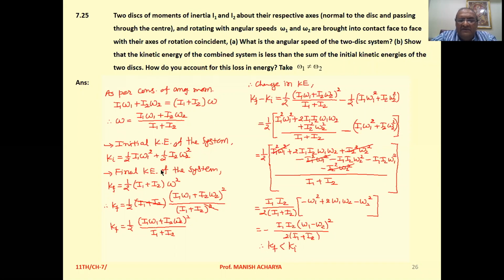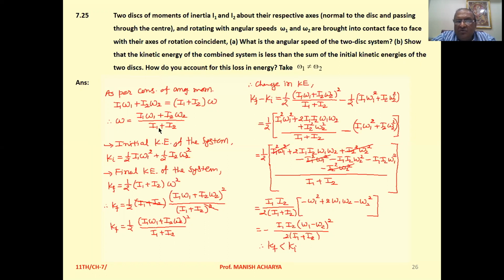Now kinetic energy. So initial kinetic energy of the system is kinetic energy of the first disk, half I1 omega 1 square, plus kinetic energy of the second disk, half I2 omega 2 square. Then when these two disks combine, final kinetic energy of the system K final is equal to half resultant moment of inertia I1 plus I2, and the system is rotating with angular speed omega, so into omega square.